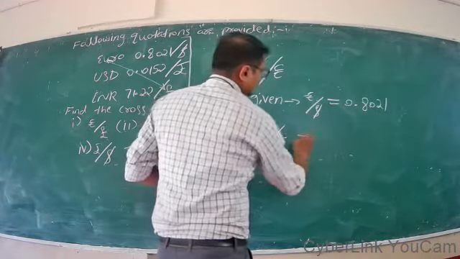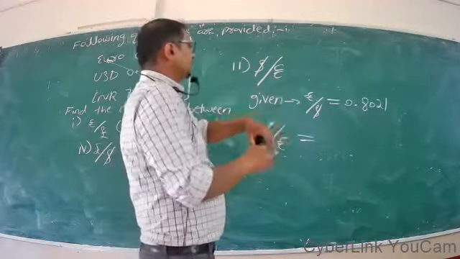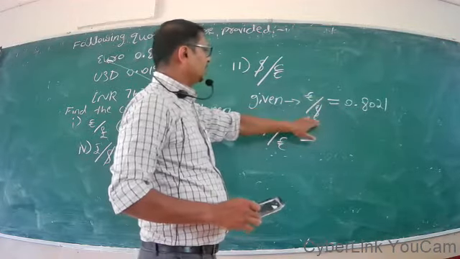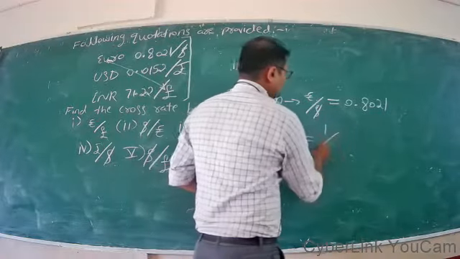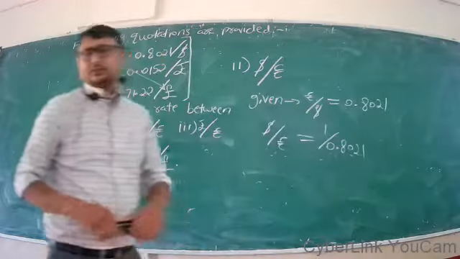In the last problem also we have solved that if the given is 0.8021, that is euro per dollar, and they need dollar per euro, it must be 1 divided by 0.8021.